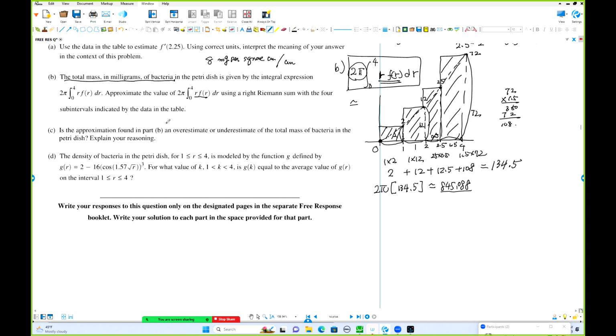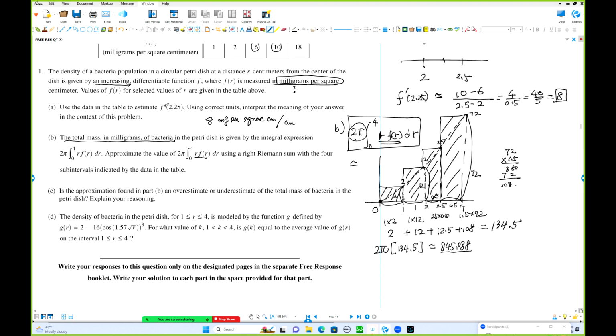Choice C, is the approximation found in B an overestimate or underestimate? Oh, we did already, okay? Overestimate, right? Of the total mass of bacteria, okay? Explain why. The graph is what? Increasing, okay? The graph is continuously increasing, that's why.